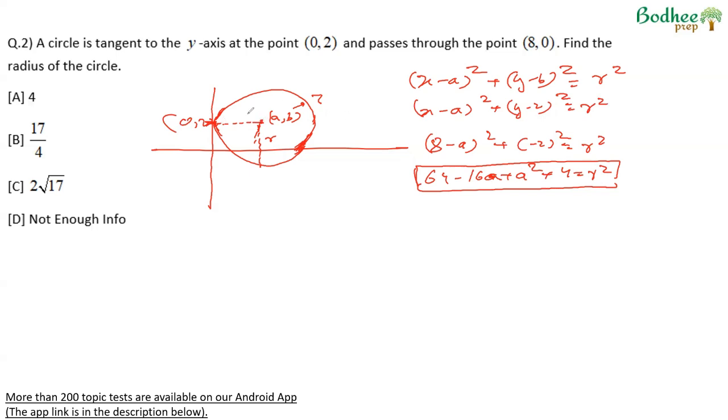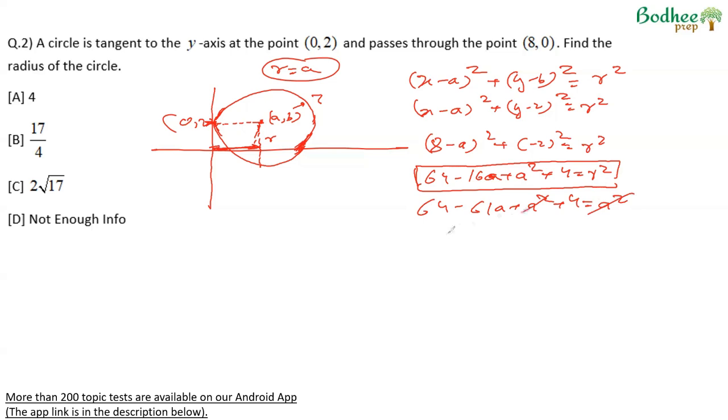Also, we can see here that from this point, the center to the point of tangency will be the radius. This radius will be the same length as the value of x here, which is a. So we can also say that the radius of this circle will be a. And therefore, r square is a square, so we substitute a square here. This becomes 64 minus 16a plus a square plus 4 equals a square.